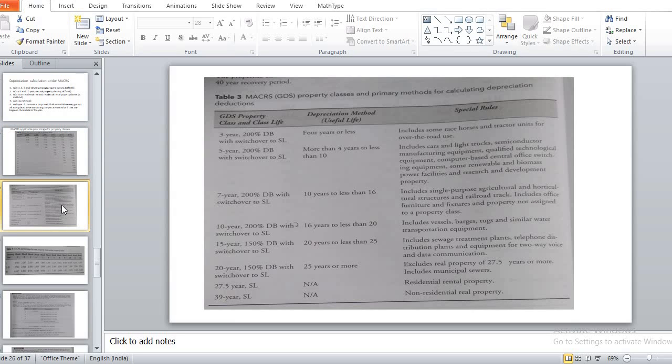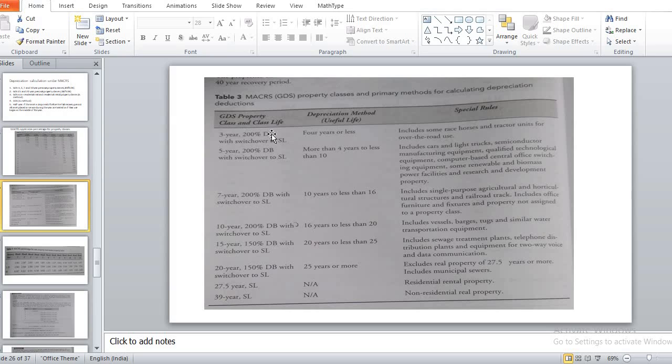Now this third table gives the property classes and primary methods for calculating the depreciation deduction. For a particular property class, which primary method we use for the depreciation calculation is tabulated here.